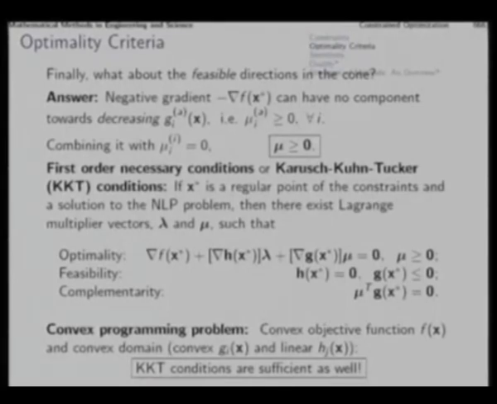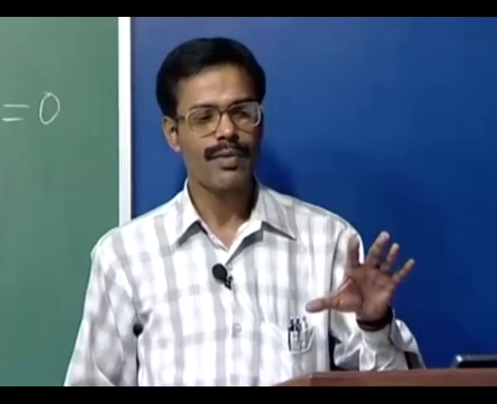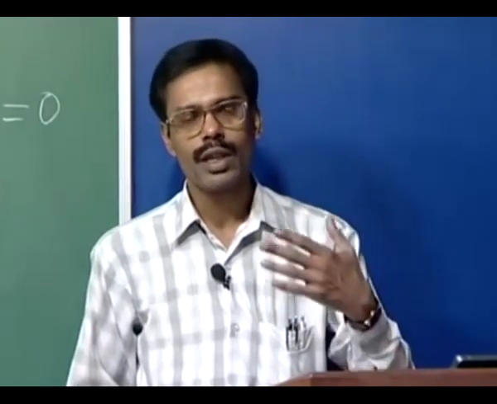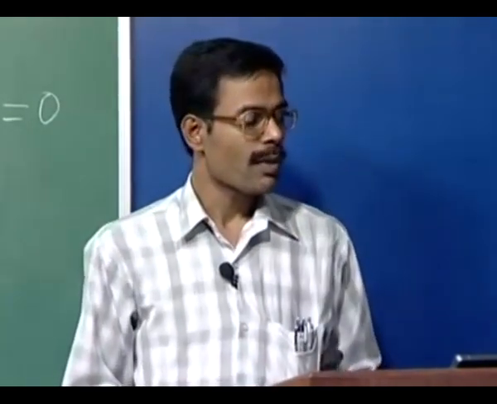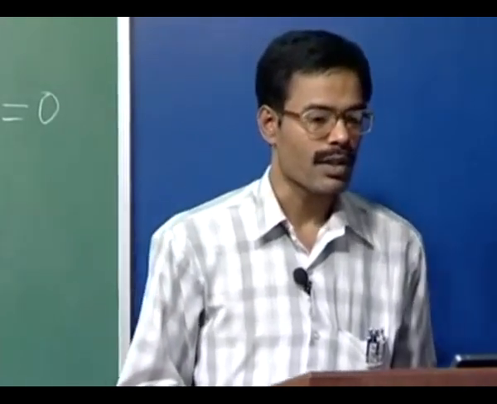So, the second order condition is a little complicated. We will just make a brief overview of it and try to understand what it means rather than going into the detailed derivation. And before that, we define what is called the Lagrangian function.